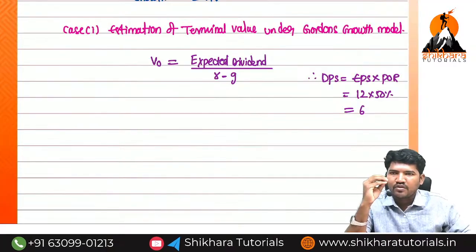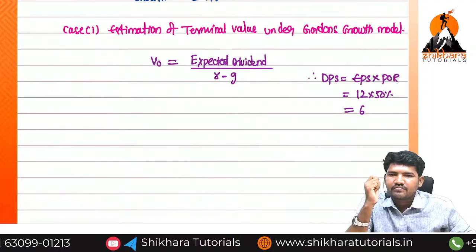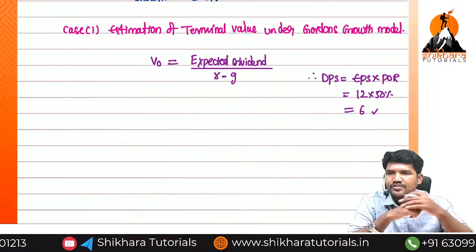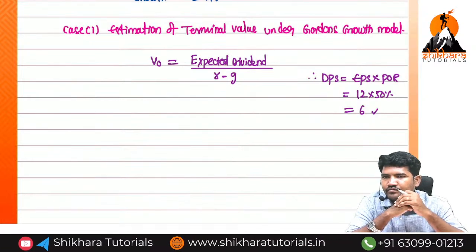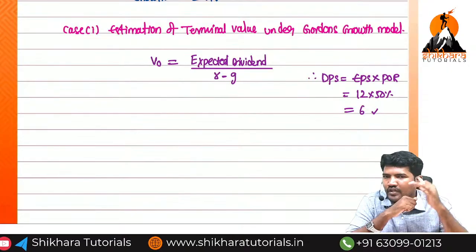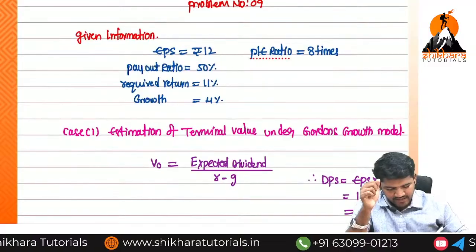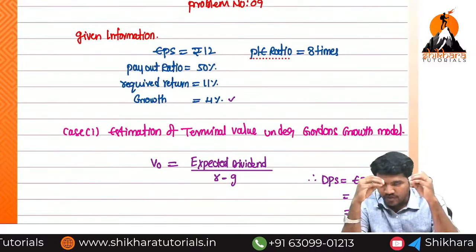Just 6 or grown 6? That's the point. Why? Because the growth rate is given in the question. With growth or without growth model. If they say growth, it means it is a with-growth model. If there is a growth rate, you have to consider that.